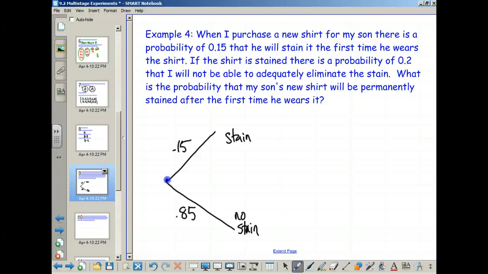So the branches don't have to extend from both of these. The branch at the bottom where there's no stain is finished. 85% of the time the clothes go in the wash. However, the other 15% up here has 2 options that can happen. It's either stained permanently. It's a permanent stain. Oh, I can't spell it.